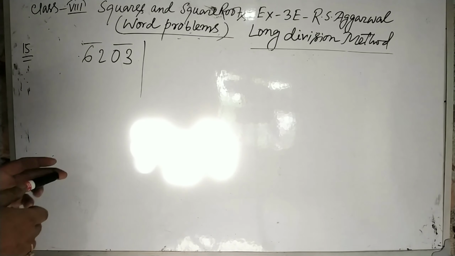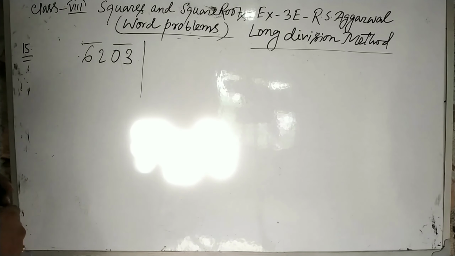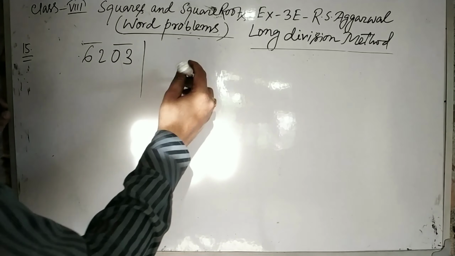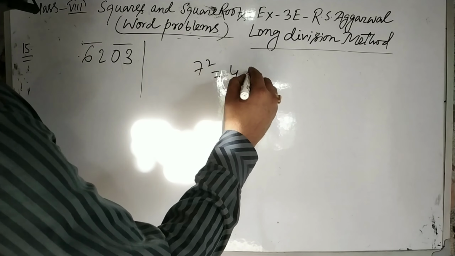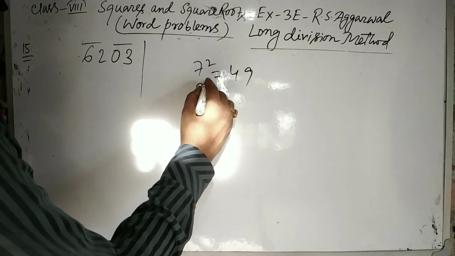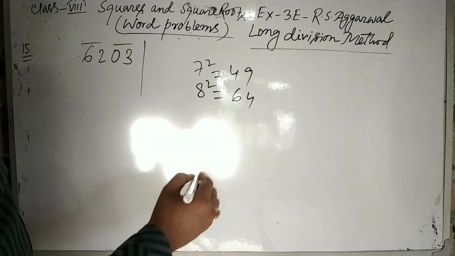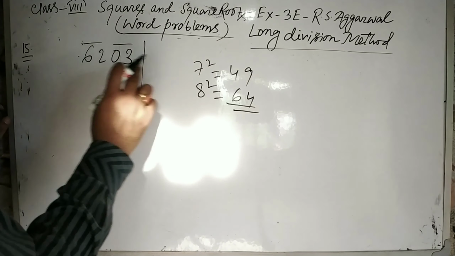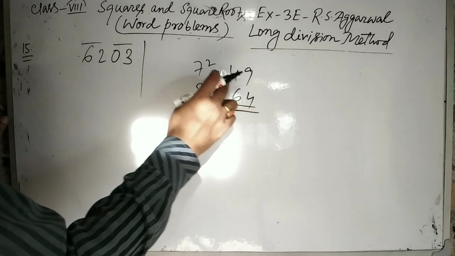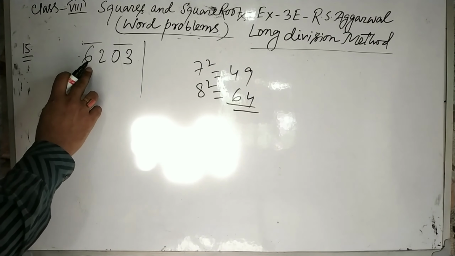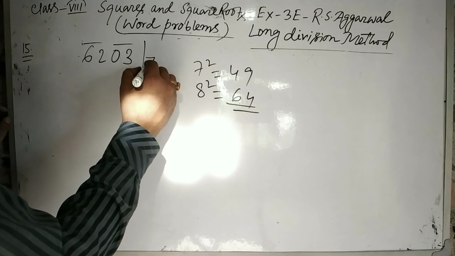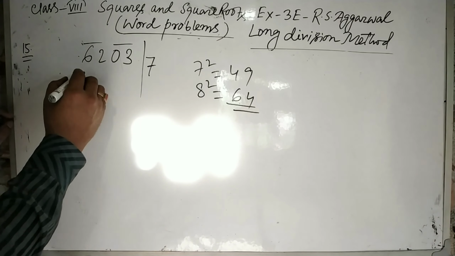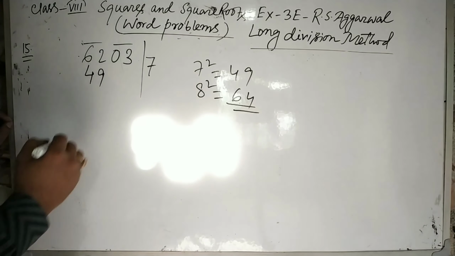And the nearest perfect square number is, look, 7 square is 49. 8 square is 64. This is greater than this one, but this is lesser than this one. So we will have to take 7 over here and its square 49.